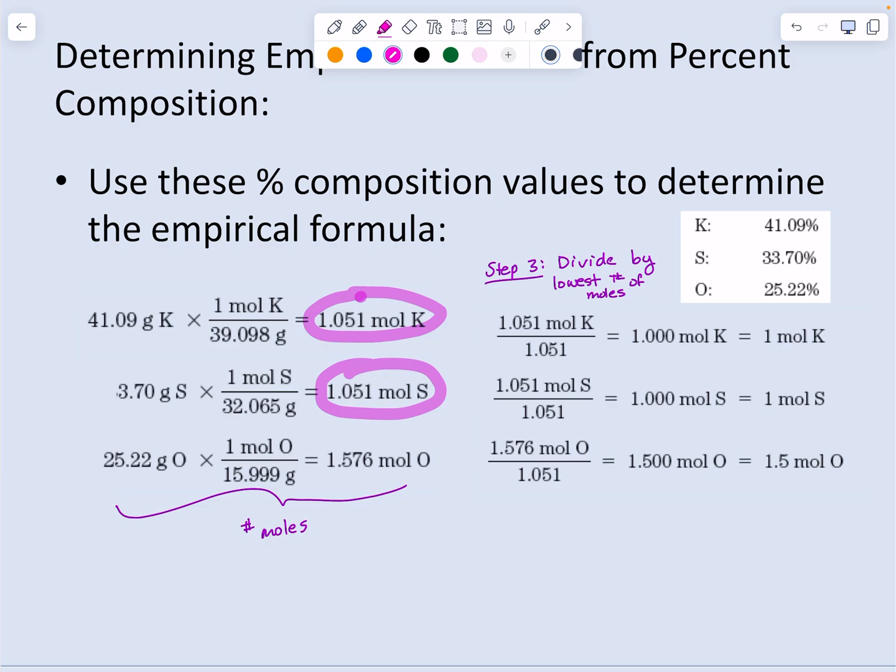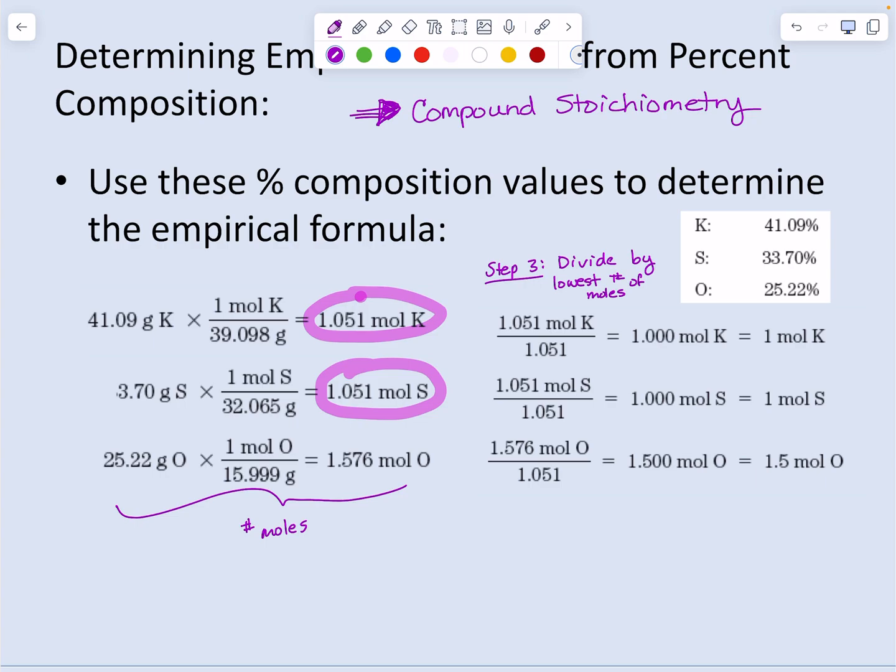But if we want to figure out the overall compound stoichiometry, which is what we're doing right now. When we talk about chemical reactions, we will talk about reaction stoichiometry.